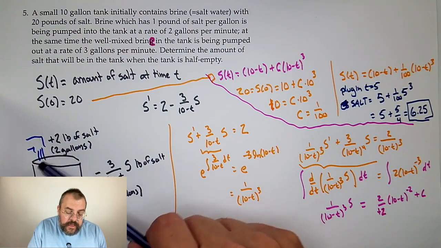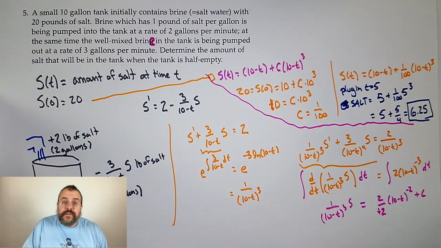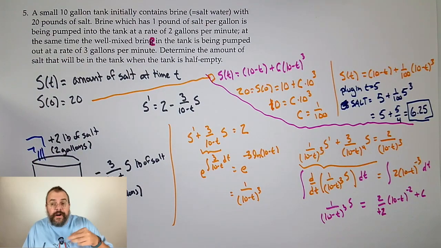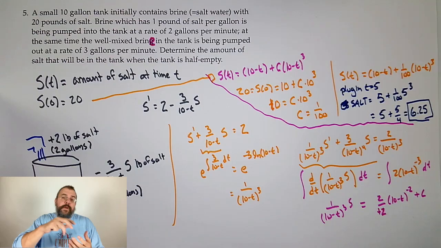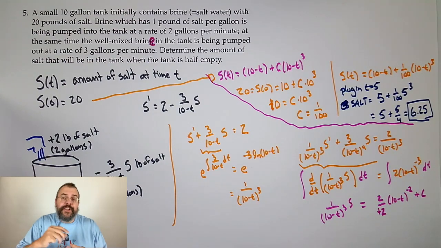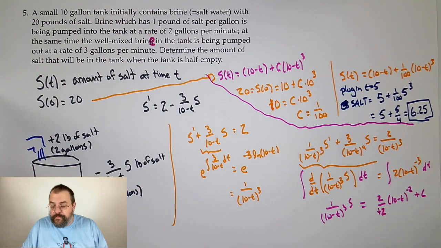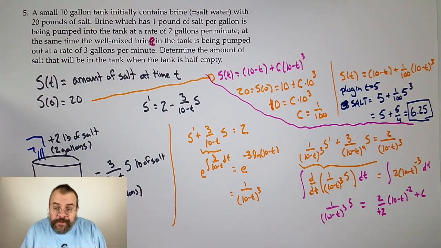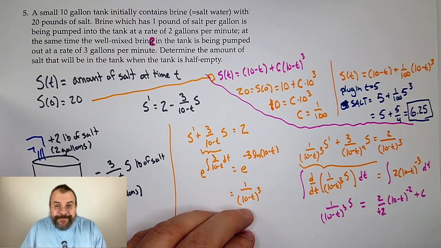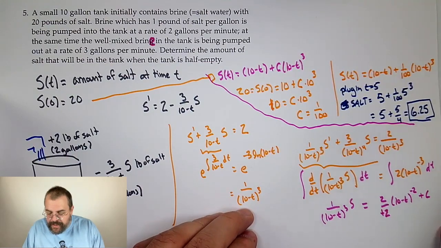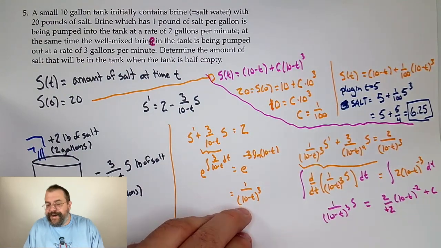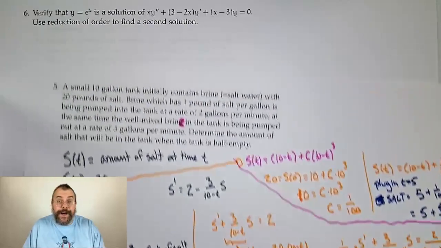But initially, it's 2 pounds of salt per gallon. So it's less salty water. So because we have less salty water coming in, we should expect that overall, we should have even less than just dividing by 2. So yeah, 6.25 is a little under 10, not too much. Seems like a pretty reasonable answer. So good for us. We got an answer. All right, well, on to another one.